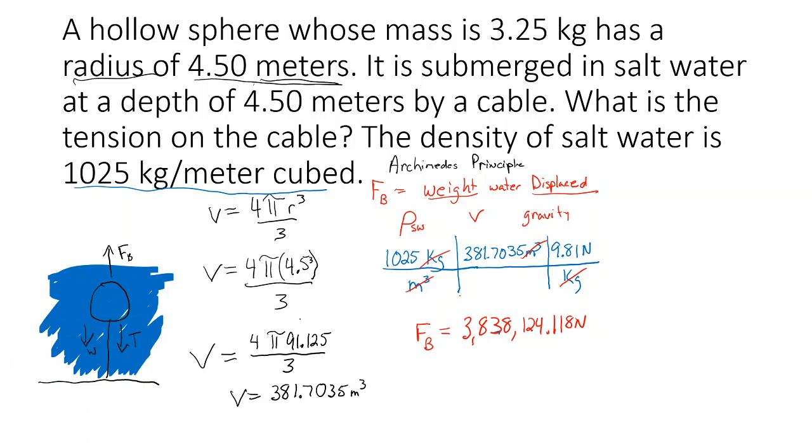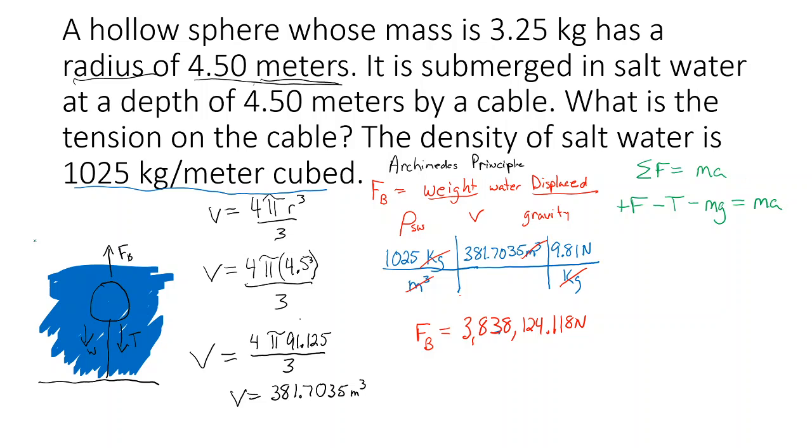In order to find the tension, we're going to say the sum of the forces in any direction is mass times acceleration. Newton's second law of motion. And so over here in my free body diagram, I have the forces that are acting on the system. I have the positive buoyant force, I have the negative tension, and I have the negative weight, mass times gravity. And that's equal to mass times acceleration.